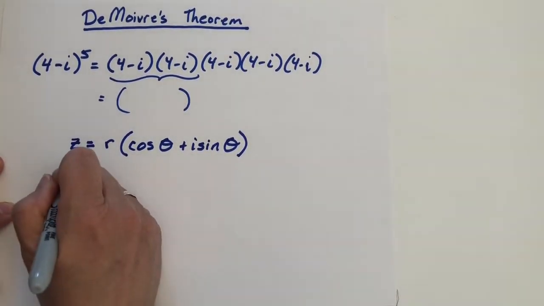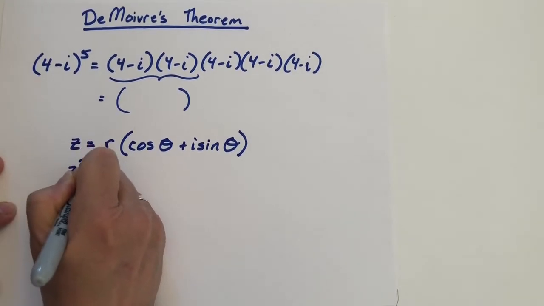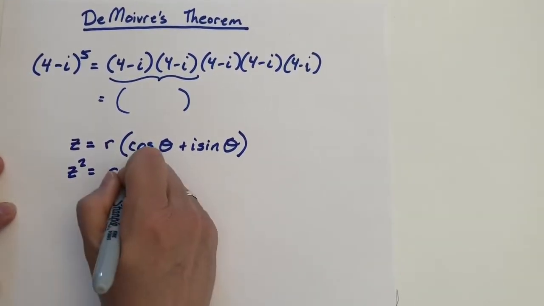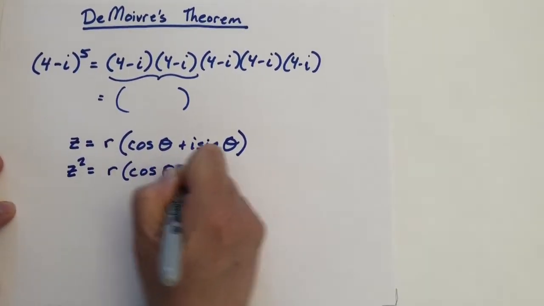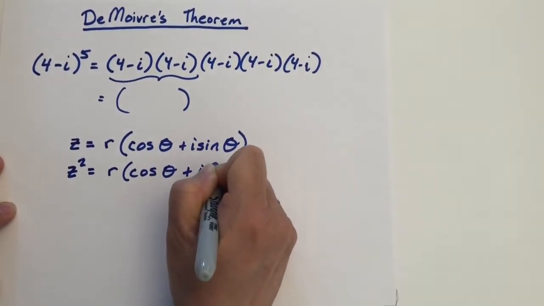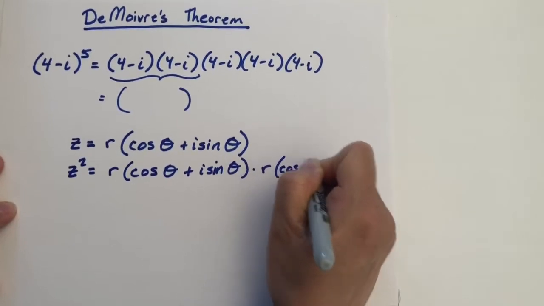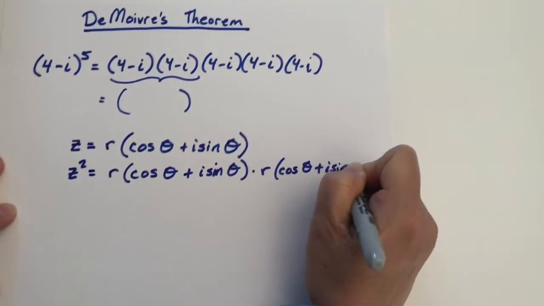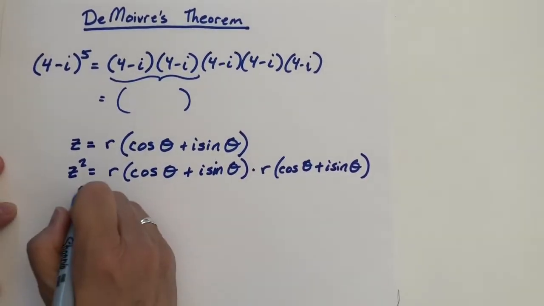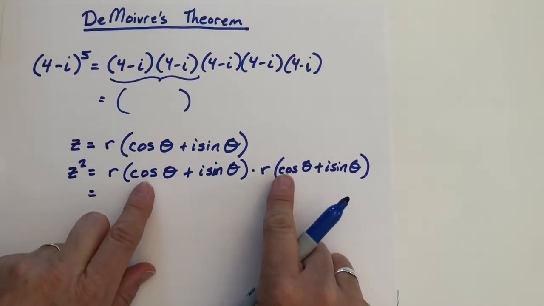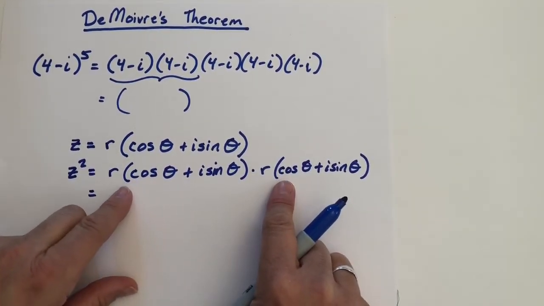Now, if we wanted to raise z to the 2nd power, we know we would have r times cosine theta plus i sine theta times r cosine theta plus i sine theta. But we know how to multiply complex numbers together in trig form.